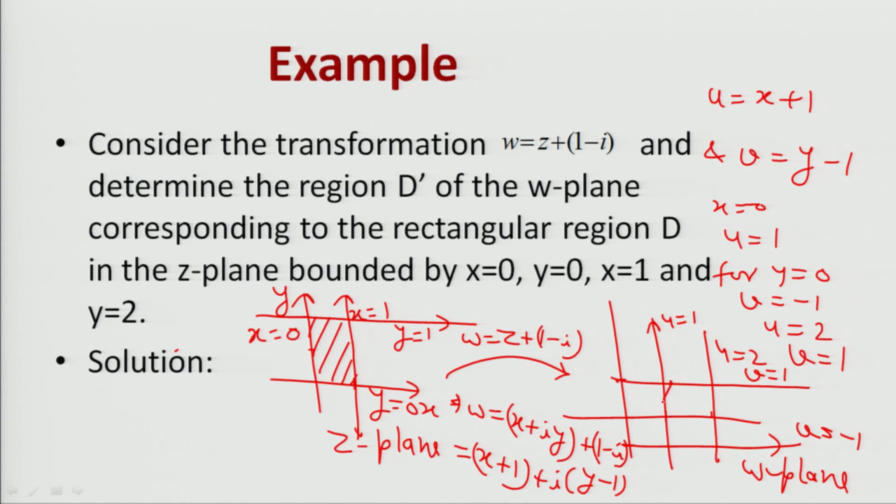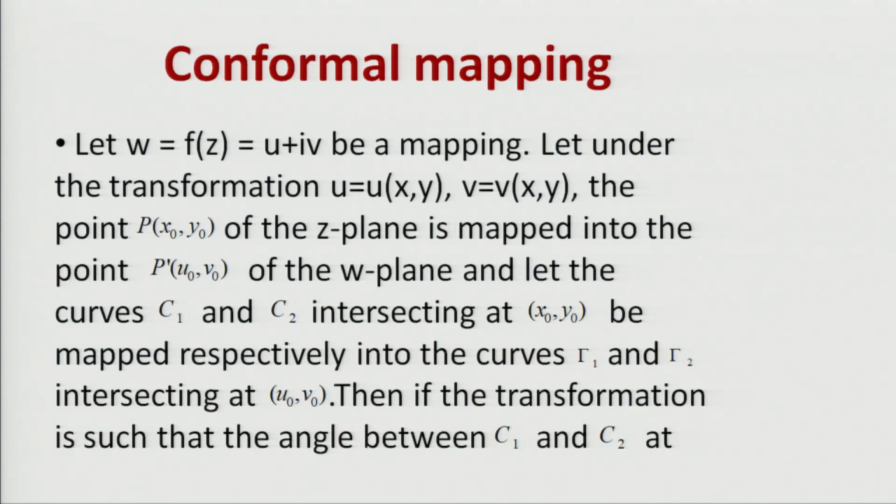Then the region obtained by the transformation is this region. So in this way we see there are two planes, the z plane and the w plane, needed for representation of mapping in the complex system, and in this way we can describe the mapping.